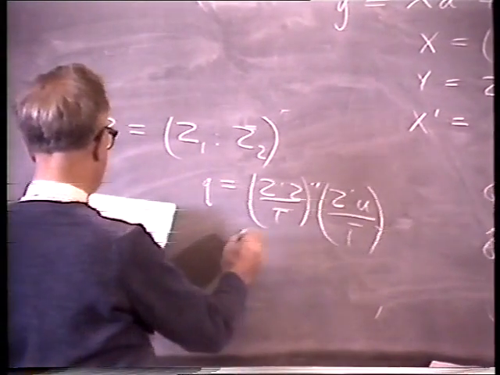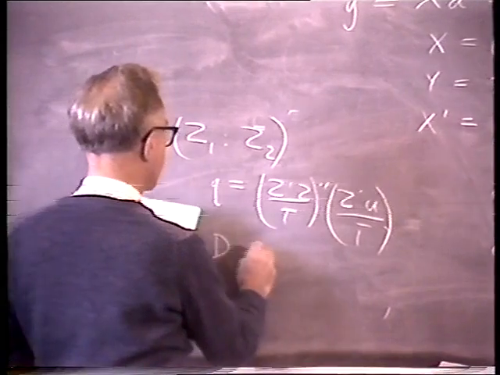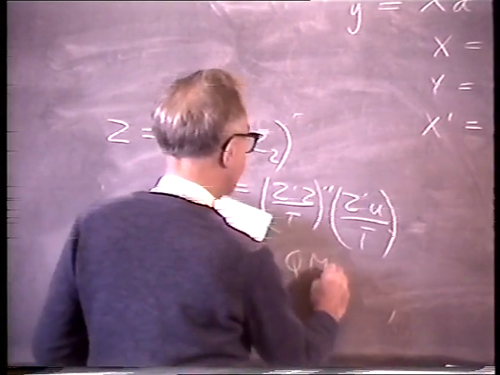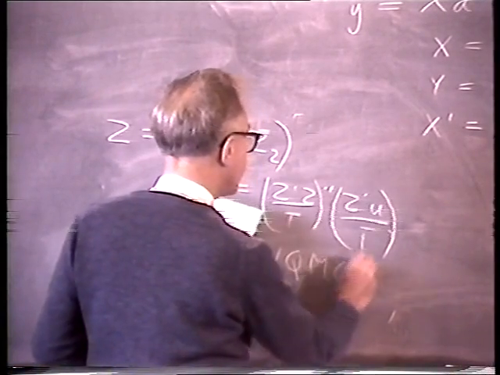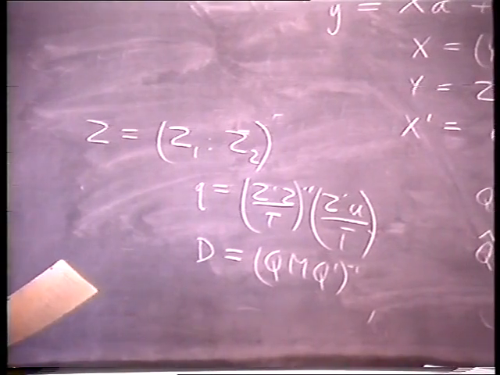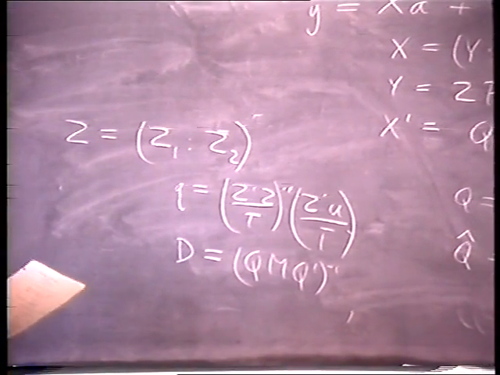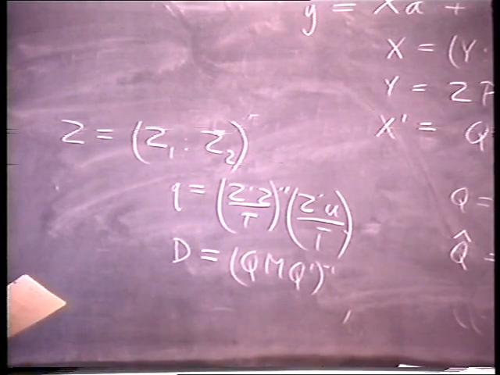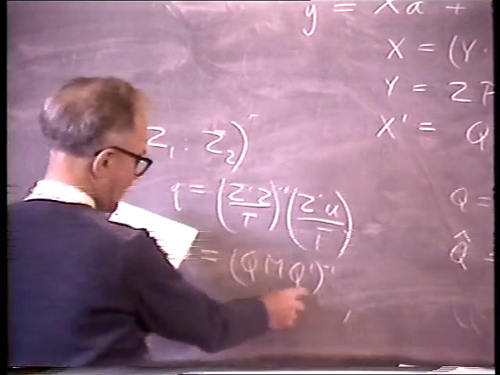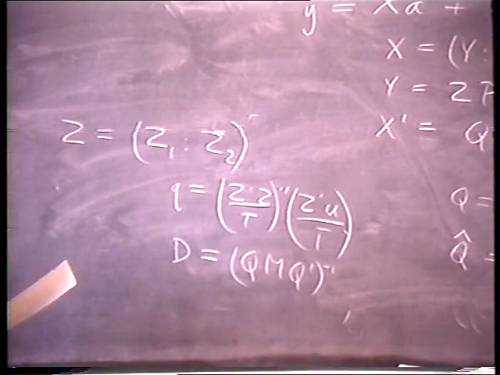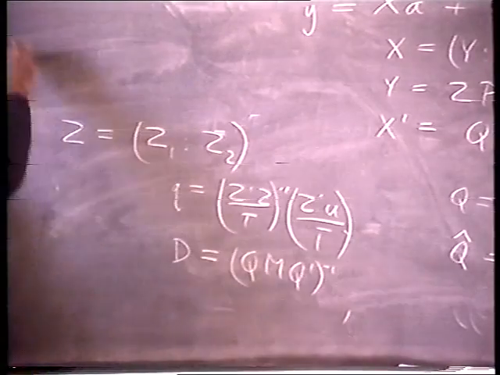I always find it convenient to use rather a lot of notation because one is then going to simplify somewhat the formulae that follow. So let me then introduce the notation D to mean (QMQ prime) to the minus 1. The point of the minus 1 is that it's always the inverse of this matrix which is turning up in the subsequent formula. M, by the way, sorry, M is not defined yet.